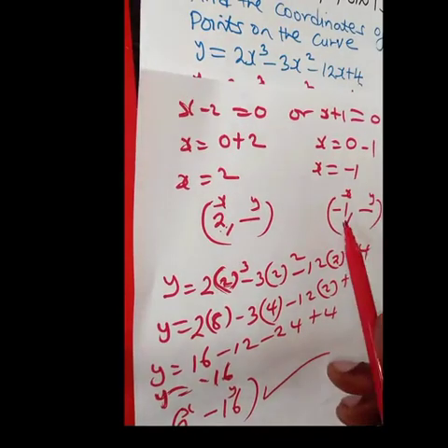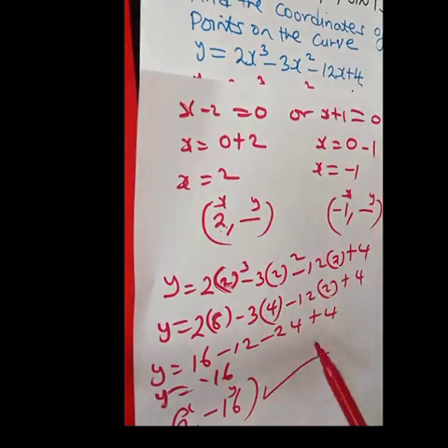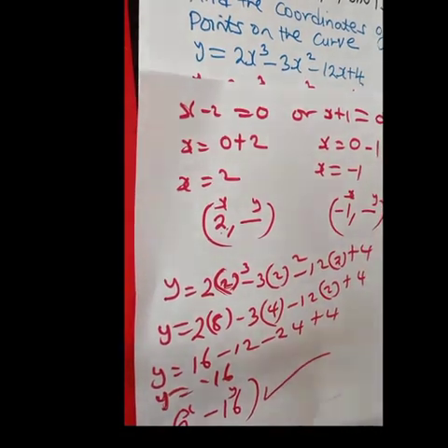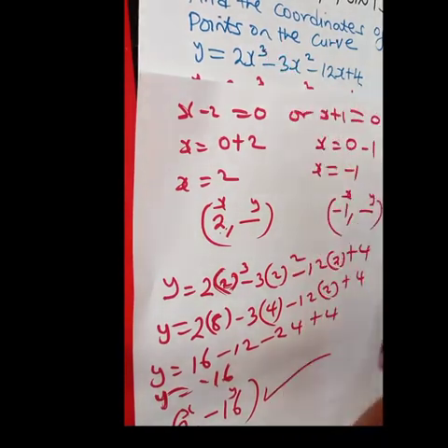We need to replace with -1 now. Where there is x, we replace with -1. So we do it. Therefore, y is equal to: where there is x, we put -1.